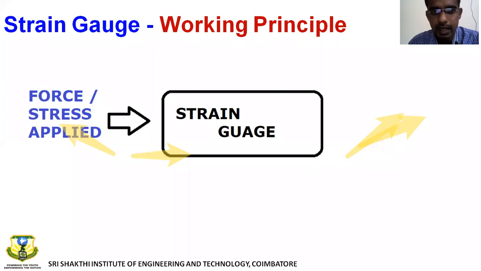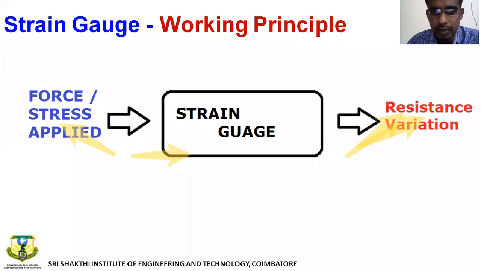The construction we are going to see later; before that we are seeing a one-line principle. This strain gauge is going to convert it into a corresponding resistance variation. So this is the bottom line principle of strain gauge: force or strain or the pressure being applied is converted into resistance variation, right?